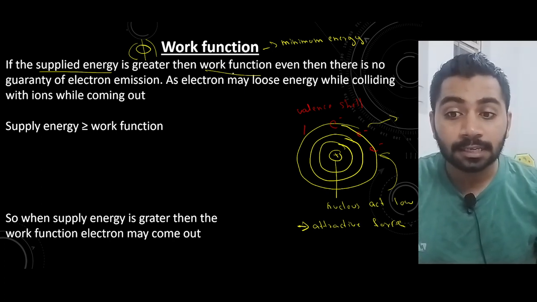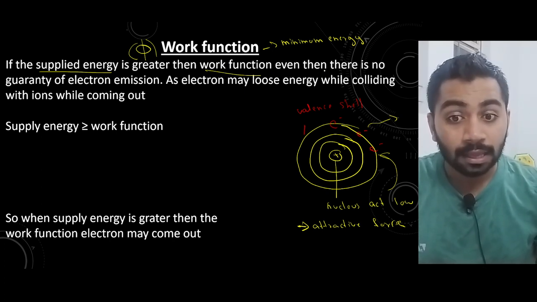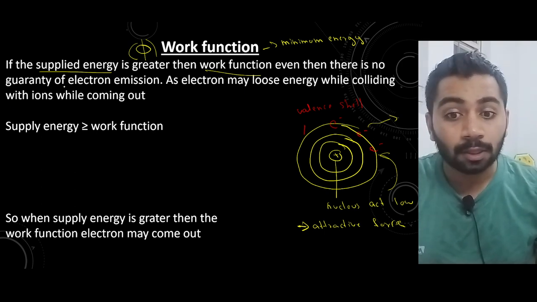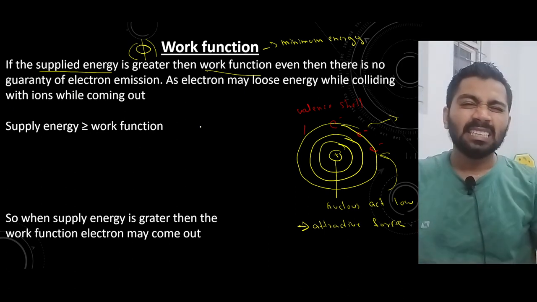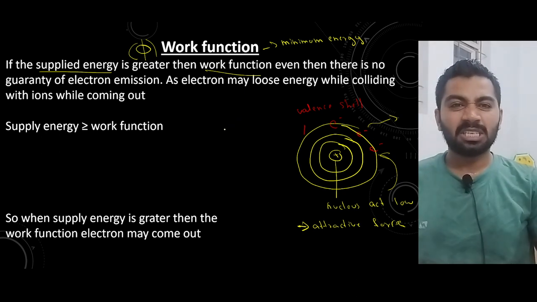Now see this one. If we supply energy greater than the work function, even then there is no guarantee of electron emission.